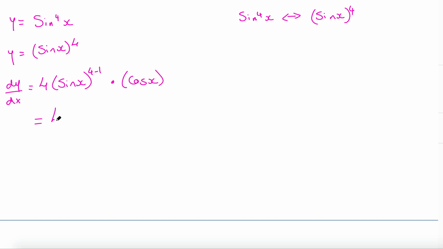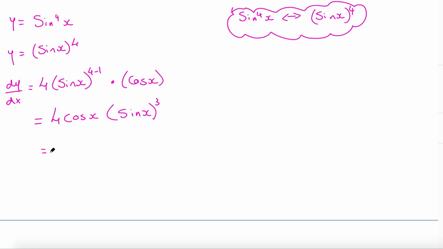And so what I get then is 4 times cos x, multiplying the two easiest parts for myself, all by sin x to the power of 3. And we can write that again, going back using this rule here. You can convert that back to be 4 cos x times sin cubed x, like that.